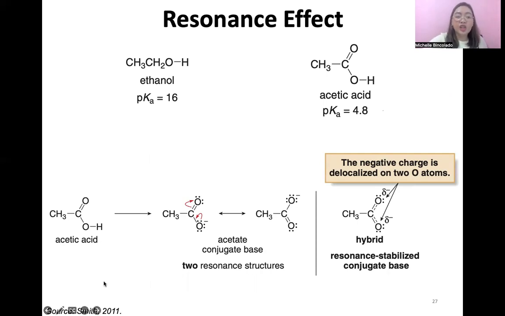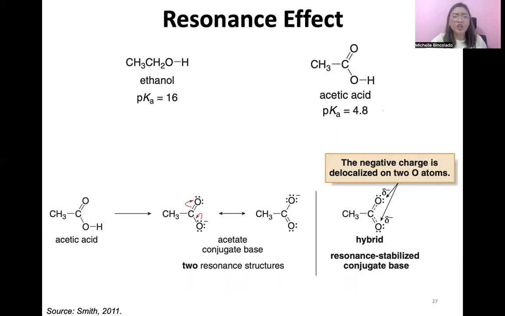If acetic acid donates its proton to a base, ito na guys ang kanyang conjugate base, which is acetate. Ayan. Actually, meron siyang dalawang resonance structures. O, diba? So, yung negative charge guys ng conjugate base na to ng acetate is delocalized on 2 oxygen atoms. So, we can say that this is a resonance stabilized conjugate base.